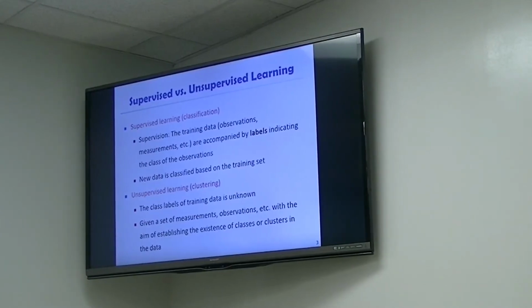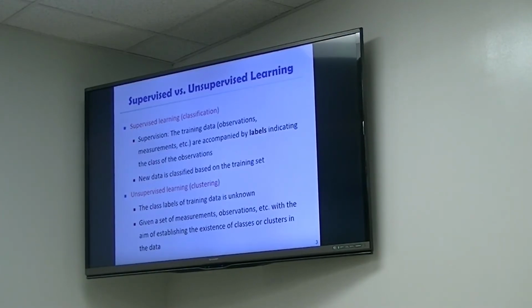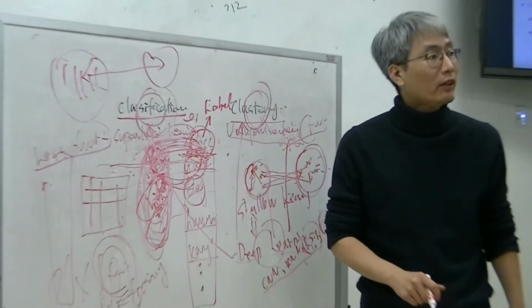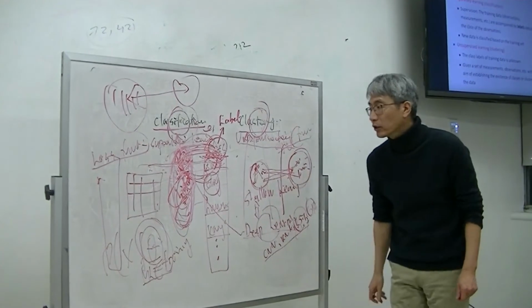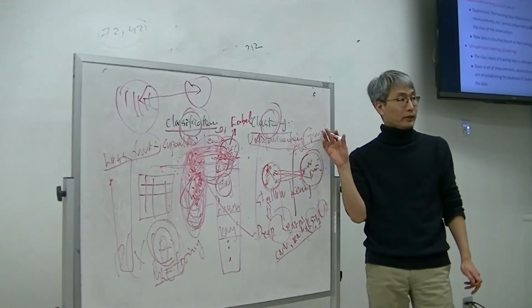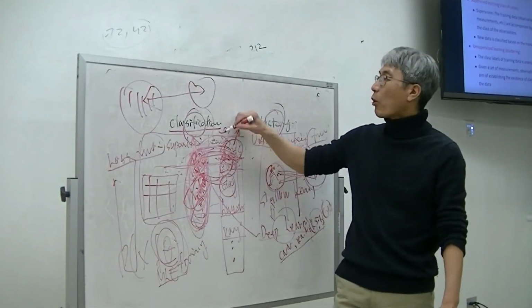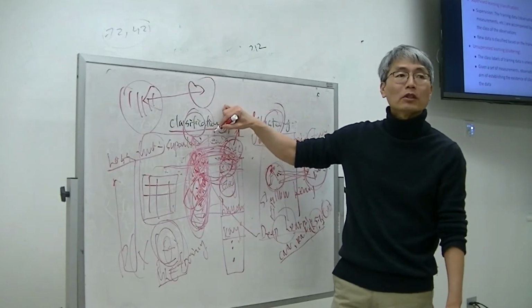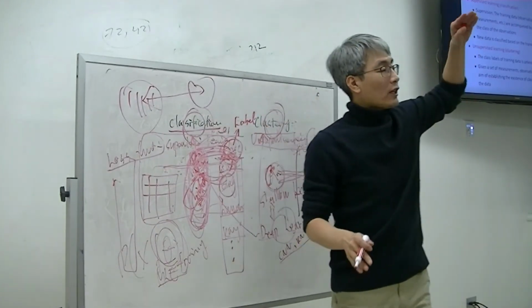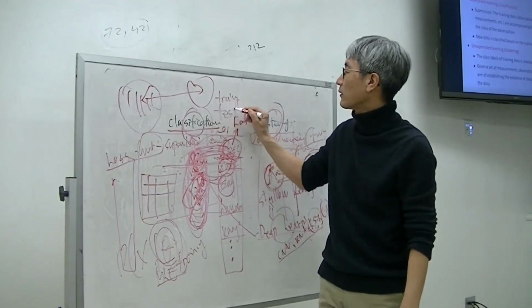So this is a summary of supervised learning and unsupervised learning. Sometimes this class is called labeled learning. It has labeled data, but clustering does not need labeled data. And also, most classification problems use both a training data set and a testing data set.